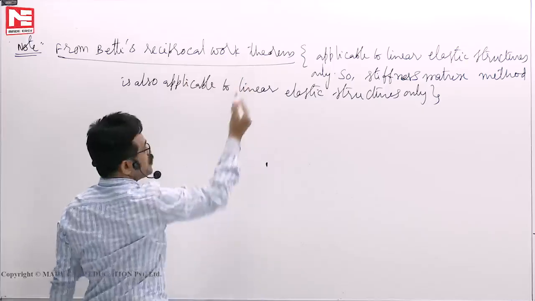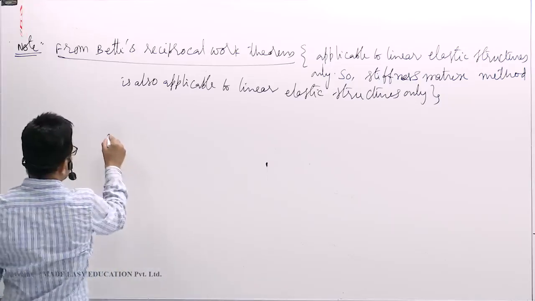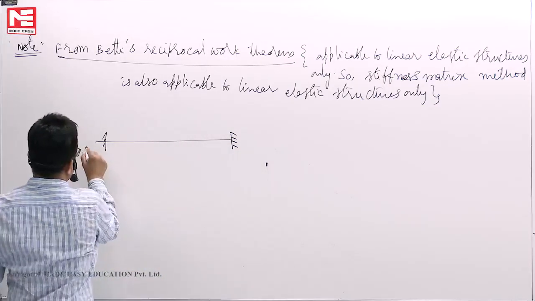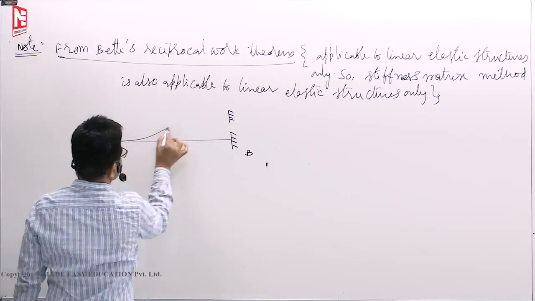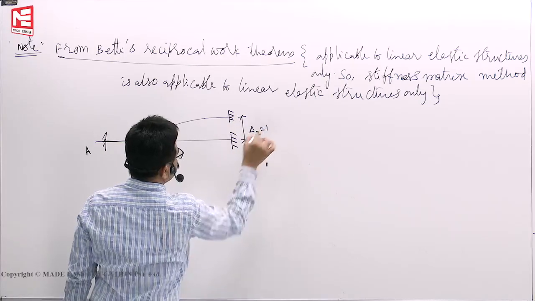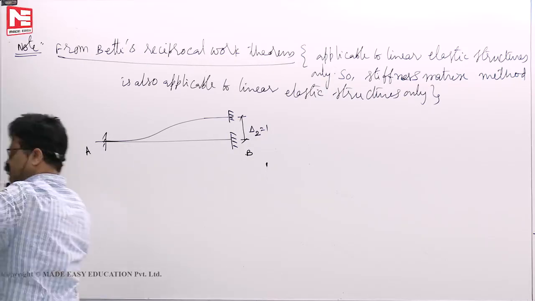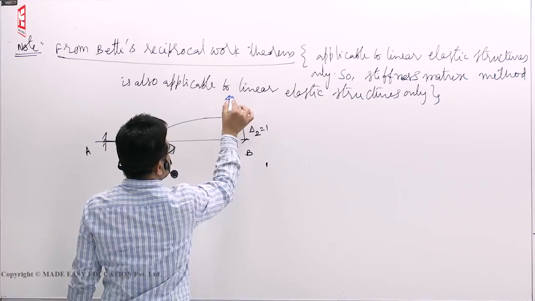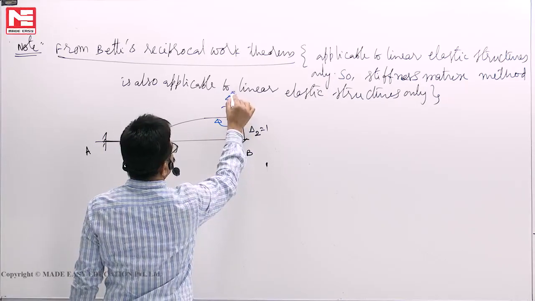So, what is this Maxwell's reciprocal, Betti's reciprocal work theorem? Two systems of forces we will take. First system of forces is this one. A, B you have taken. You have given unit displacement here. This is displacement delta 2 became 1. Then this we called it as this force, this is the coordinate 2 we have given.